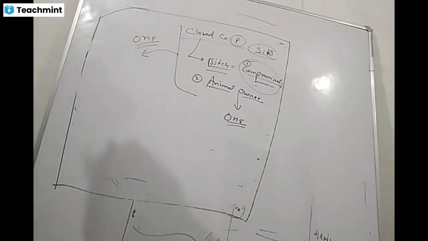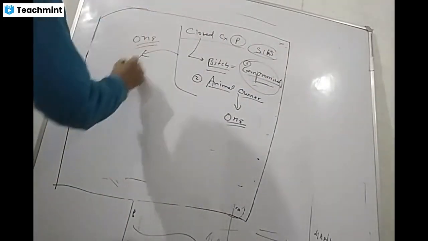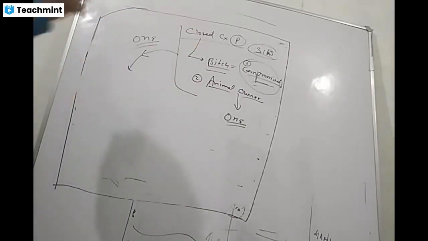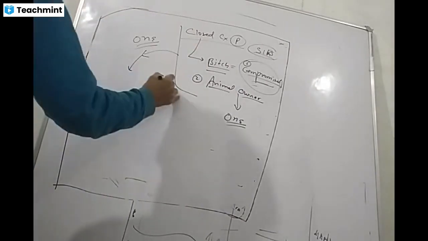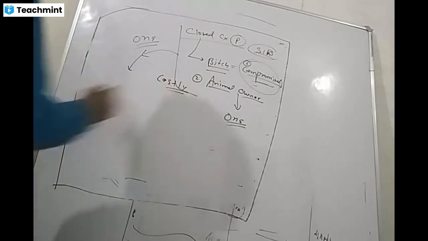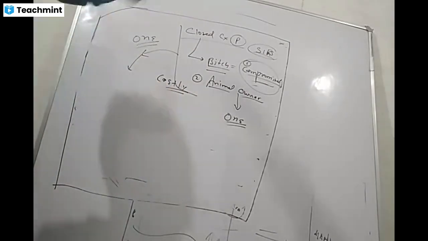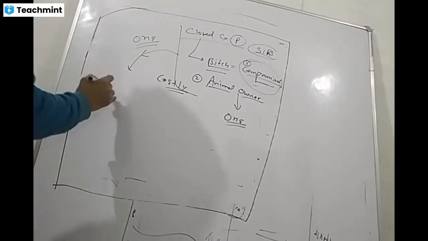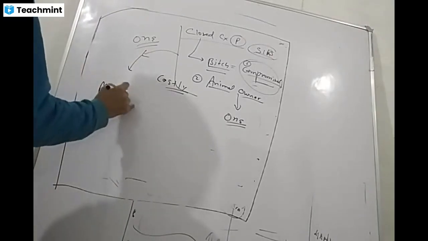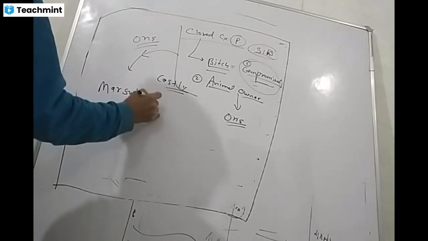So what is the option to save the life of this animal and to save the breeding value of this animal, if it is a very costly animal and you have to use this animal for future breeding? So the option with you is marsupialization.